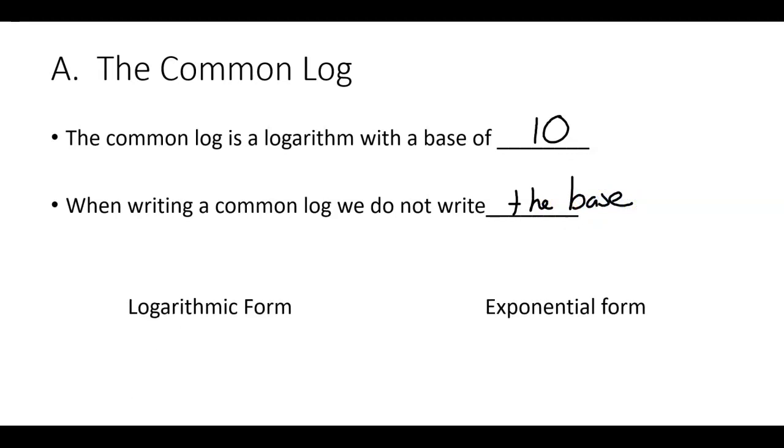So, for instance, if you have log base 10 of x, well, log base 10 is so popular, he doesn't have to wear his name badge, and so we'll just call him log x. So it's kind of like other things we've seen in math.